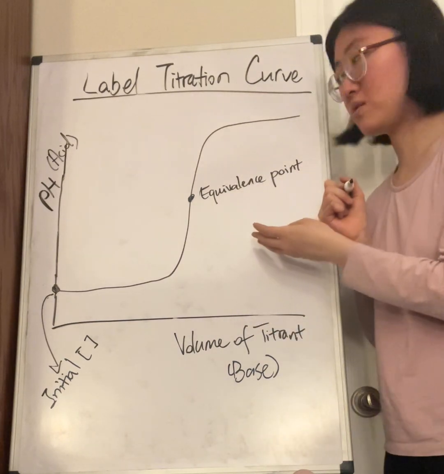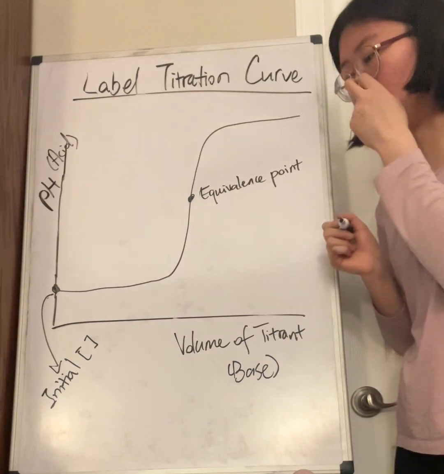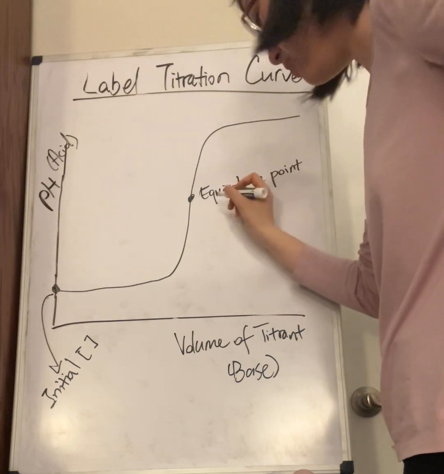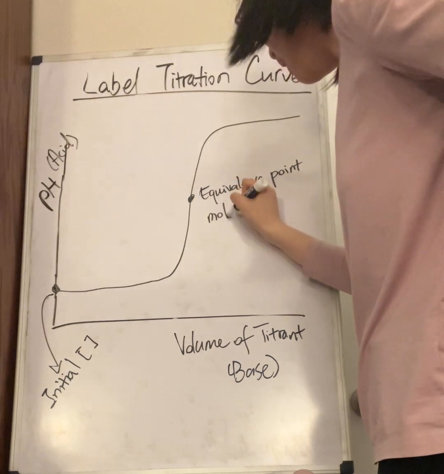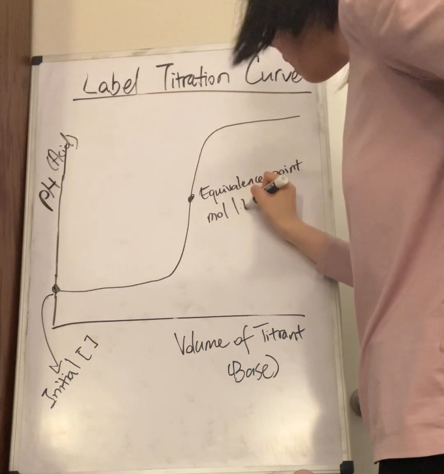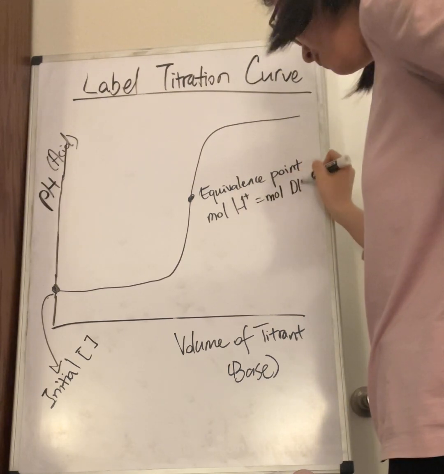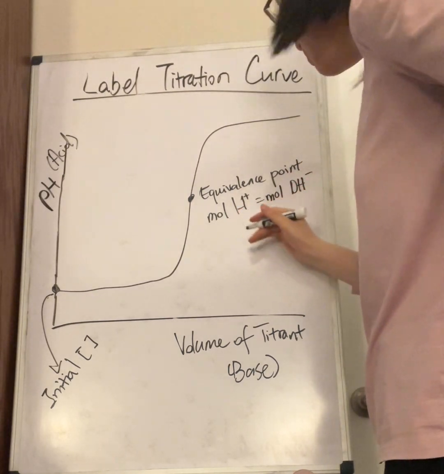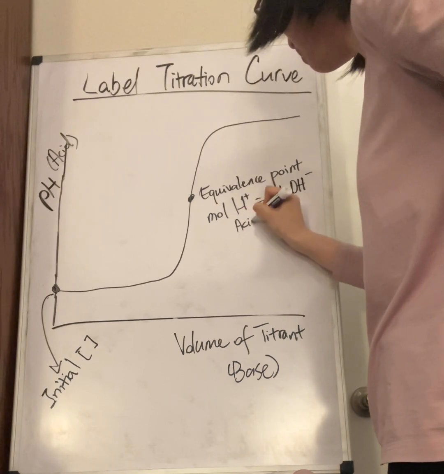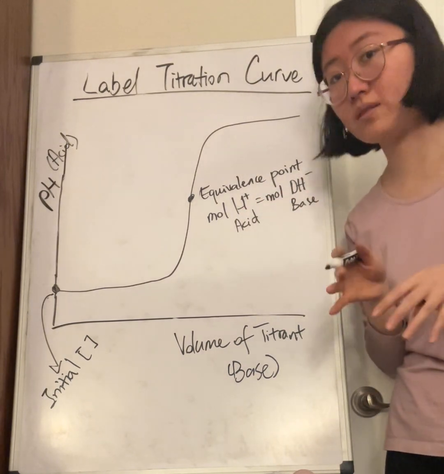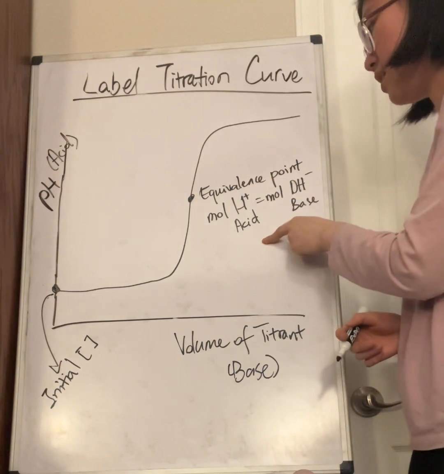What does the equivalence point do, and why is it called that? The equivalence point is the point where the moles of hydronium ions equal the moles of hydroxide ions, which means the moles of the acid equal the moles of the base. This is a really important concept. Make sure you understand it.